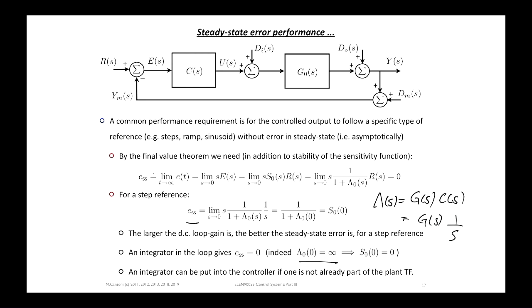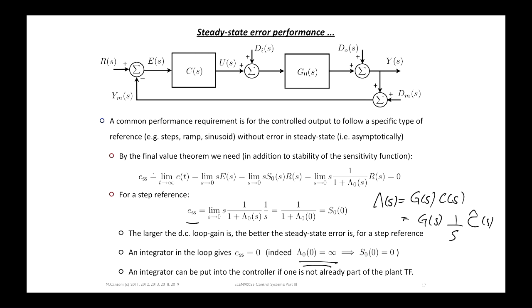Now, that may not lead to a stable closed loop, and so you might have to put other things into your compensator to ensure stability. But from the perspective of getting steady state performance right, you can see through this example that it's just enough to have very large gain at low frequency.